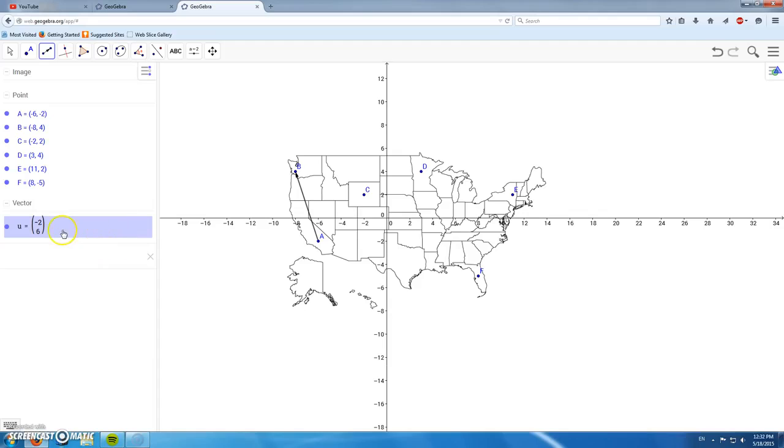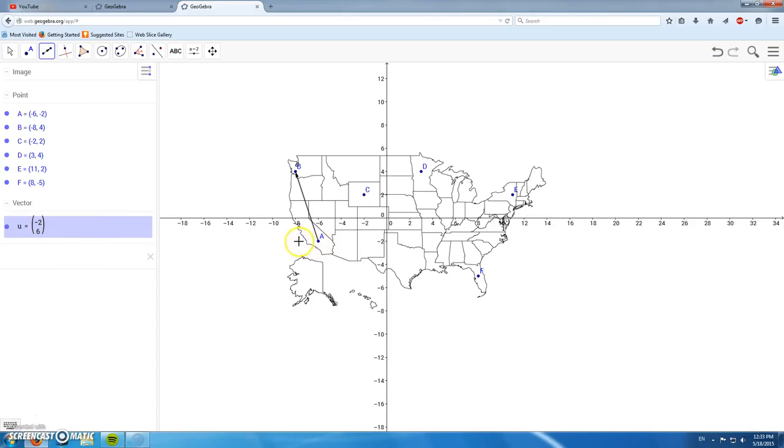Now, when looking at vector notation, you can see that it looks similar to a fraction, one number on top of the other, and the top number is the horizontal component and the bottom number is the vertical component. Now, there are two ways to write vector notation, but I think this is the one that's more commonly used.